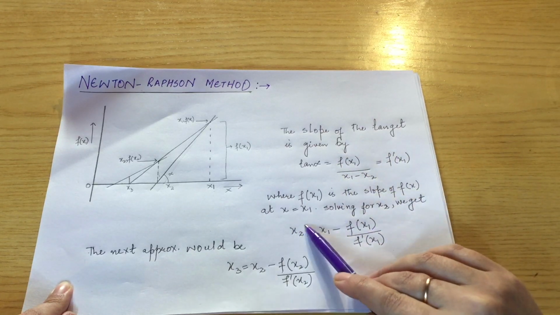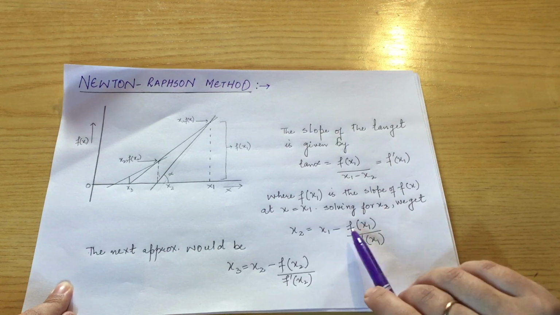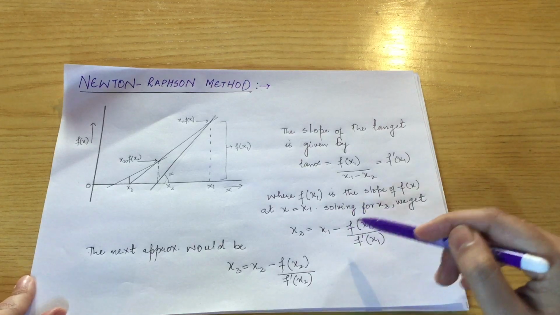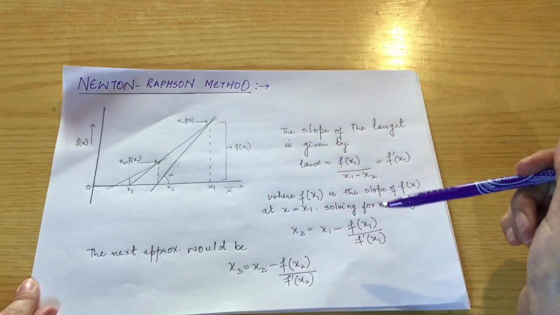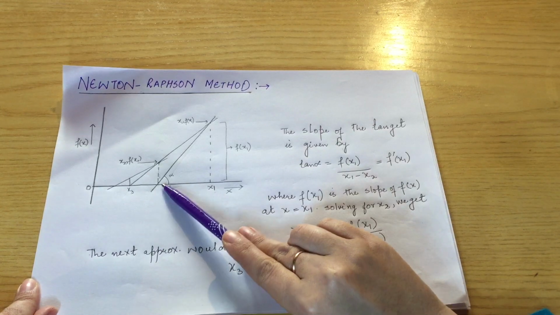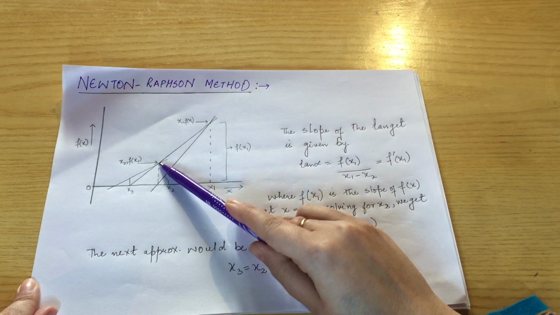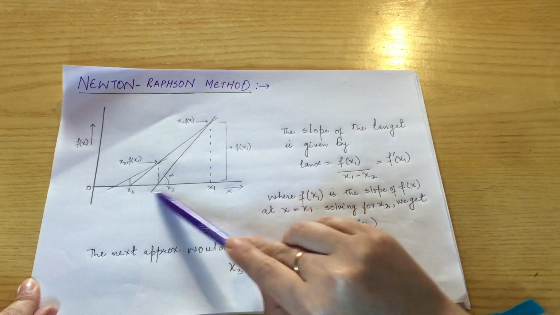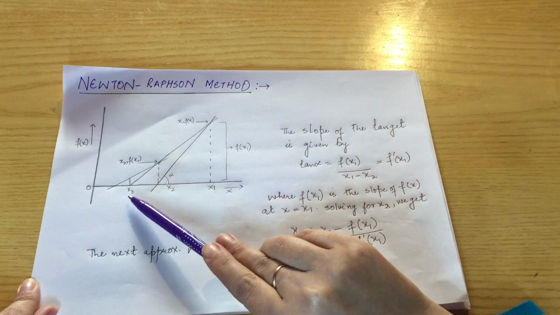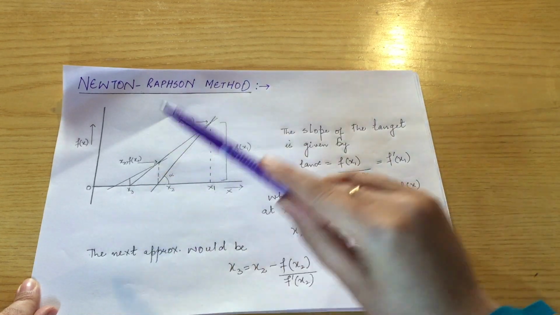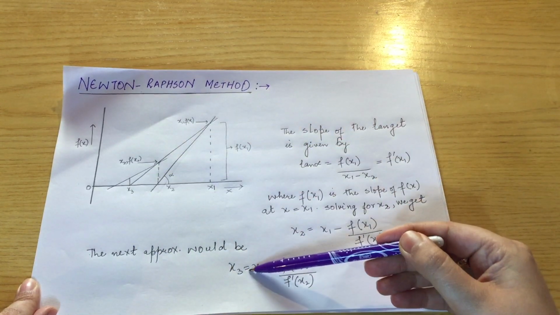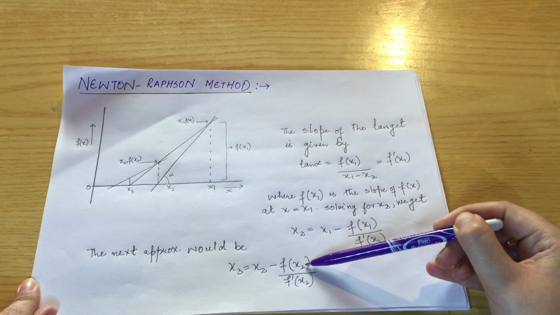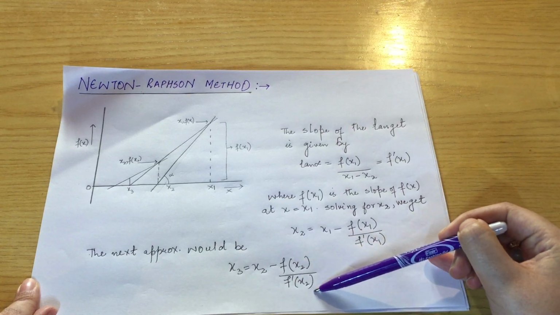Then at x2, again we draw the tangent, and it intersects the x-axis at some point, say suppose x3. Similarly this x3 will be equivalent to x2 minus f of x2 divided by f dash of x2.